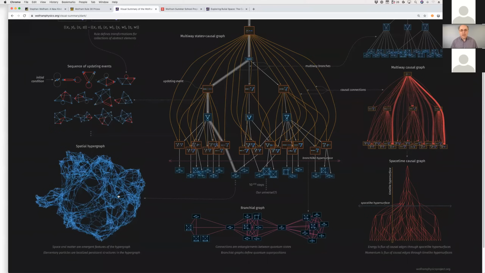And you can then actually derive the analog of the Einstein equations for a multi-way causal graph in branchial space. And what are the analogs of the Einstein equations in physical space? In branchial space they correspond to the core fact of quantum mechanics, the Feynman path integral.